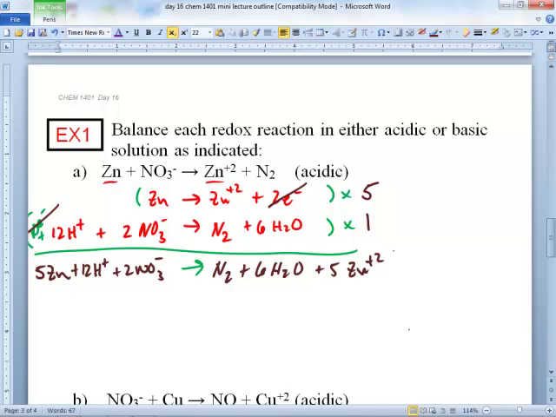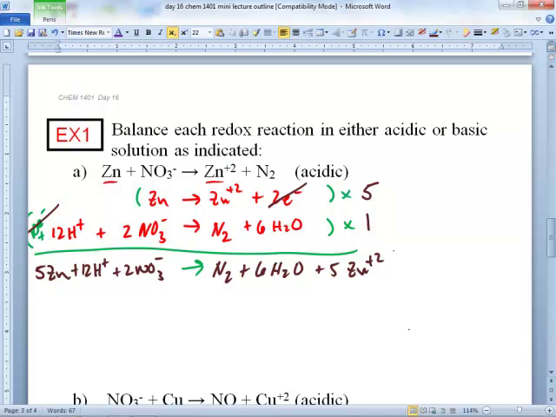But we're supposed to see if it's balanced. What seems to work for me is if the oxygens are balanced, then I just move on. But you can check everything: 5 zincs, 12 hydrogens, 6 times 2, 12 hydrogens, 2 nitrogens, 2 nitrogens, 6 oxygens, 6 oxygens. David?